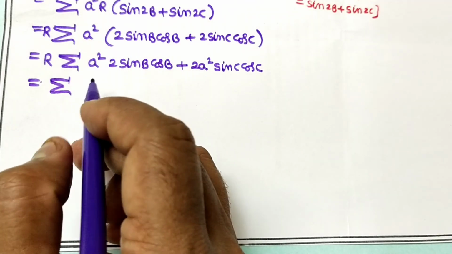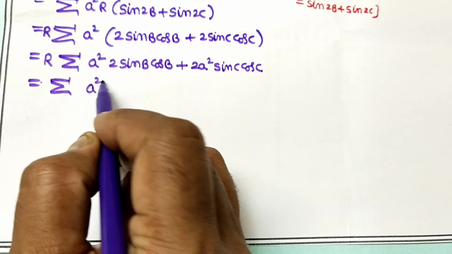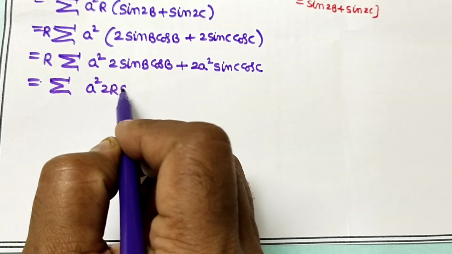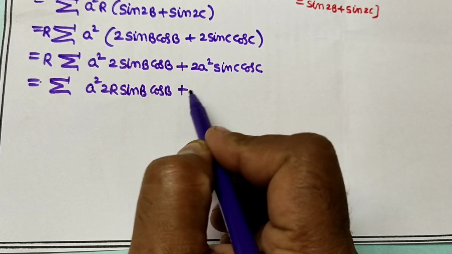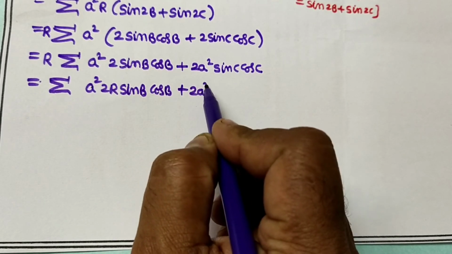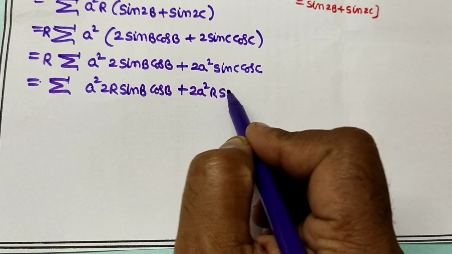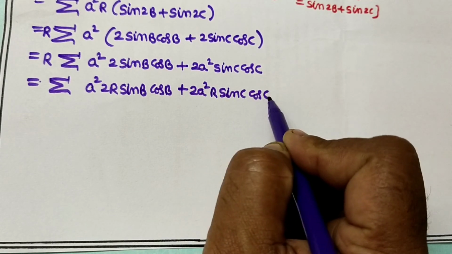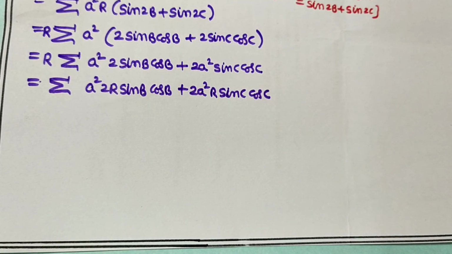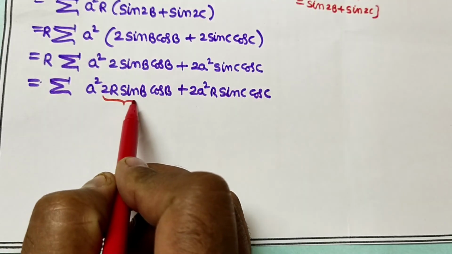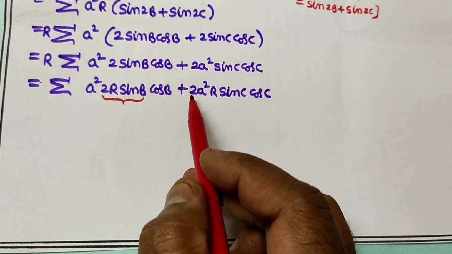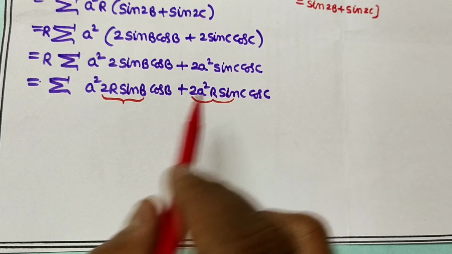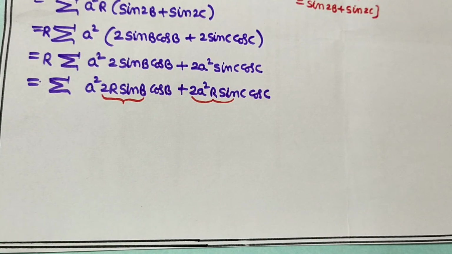So it becomes a square 2R sin b into cos b plus a square 2R sin c into cos c. Now what I am doing is 2R sin b, from the sine rule we can write as small b, and here 2R sin c we can write as small c from the sine rule.